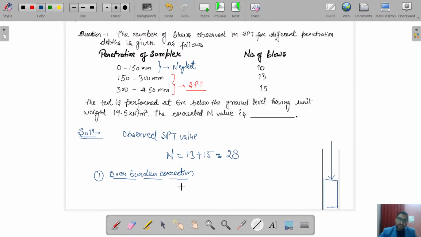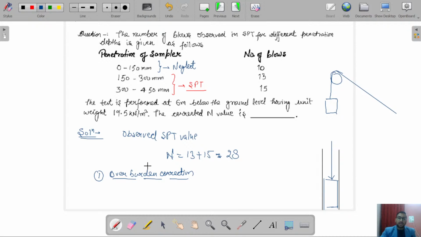Now from which height? What is the height of fall of this hammer? And what is the weight of this hammer, which we use in our standard penetration test? Can you give me the value?